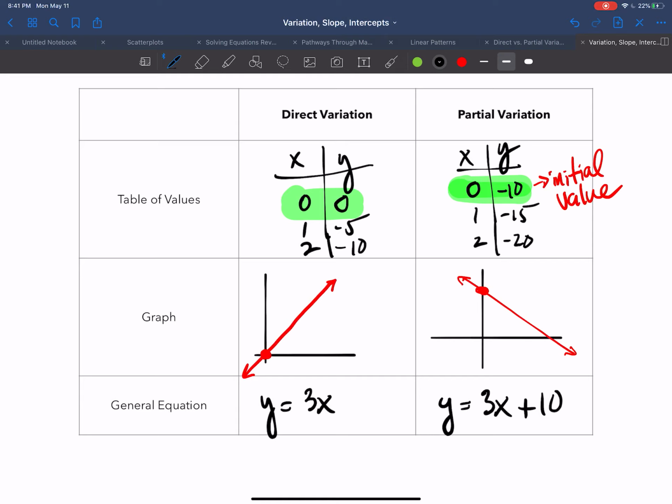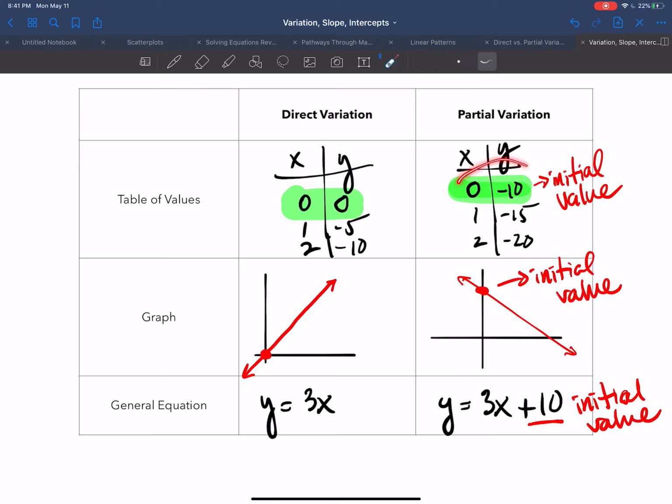So in all of these situations, you have an initial value. In a table of values, I see the coordinate 0, something else, that's an initial value. For a graph, it doesn't go through 0, 0, so it has an initial value.